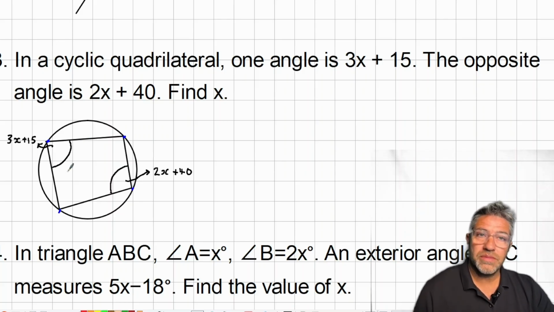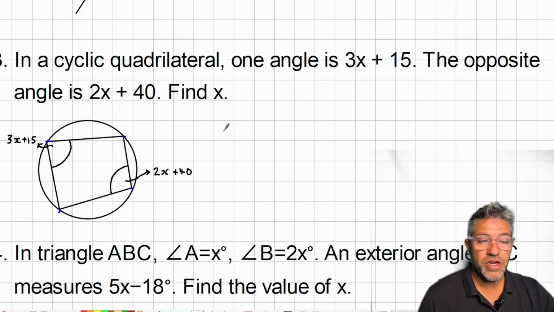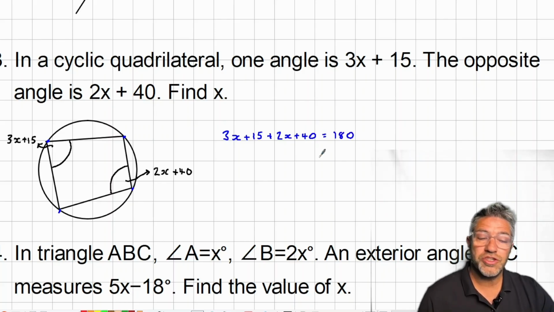Each corner must touch the circumference. And when it comes to cyclic quadrilaterals, one of the circle theorems is that opposite angles have to add up to 180. So straight away, let's write that down. 3x plus 15 plus 2x plus 40 equals 180.